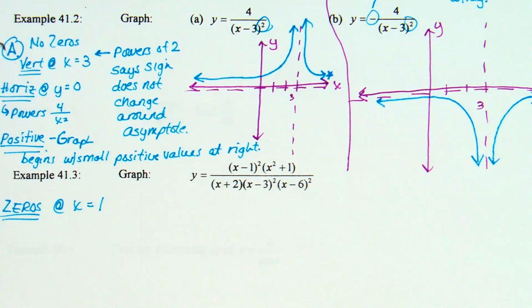Now, what's the special case you have to pay attention to? 3 and 6 have even power, so there'll be no sign change. Again, I'm writing everything down. Even power at x equals 3 and 6, so no sign change.